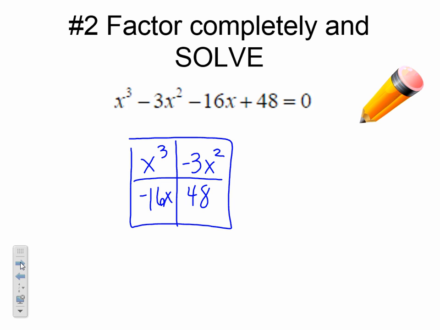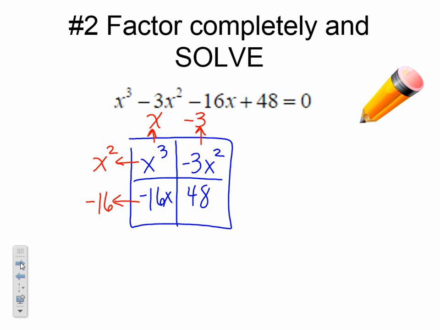Okay, and now once it's placed into those 4 boxes, we do the grouping method of factoring. Going to divide something out there. A negative 16 can be divided out of both of those pieces, negative 16 and 48. Up this column here, I'm going to divide an x out, and this way I can divide a negative 3 out of both of those pieces.